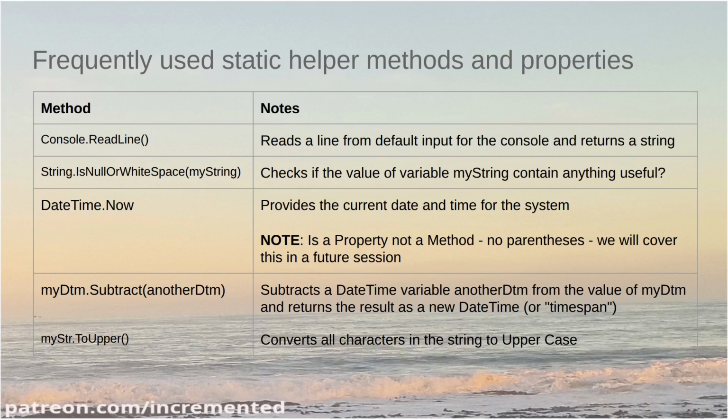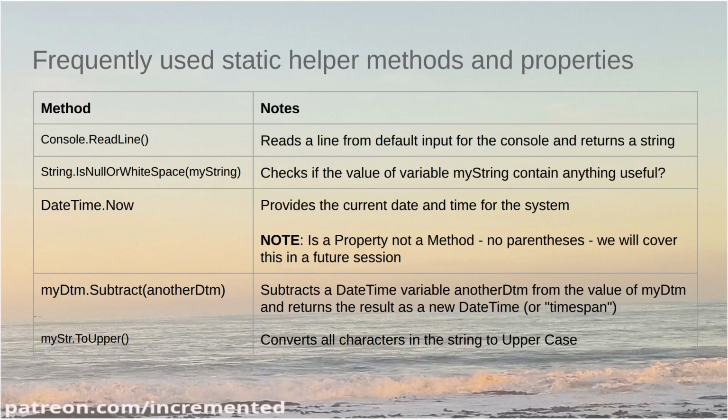And one of these mechanisms is an ability to deal with the console, i.e. the command line, and either to write to the command line or read from the command line. We've used this already, and it's very frequently used in some types of console applications.